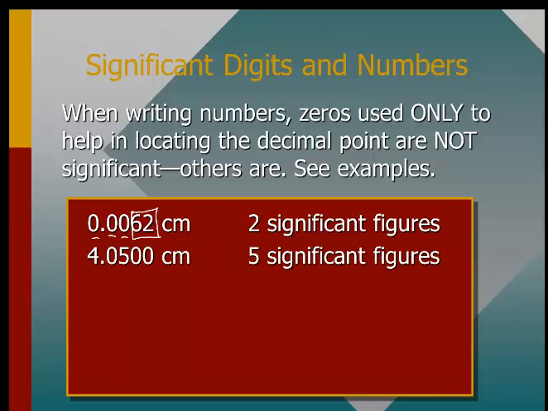This one actually has 5 significant digits. When the zeros come after the numbers have already started, here's the decimal, this is significant, significant, and now those 2 zeros mean that you're very precise. You can say, like, to the 10,000ths of a centimeter, I know that this is a 0.